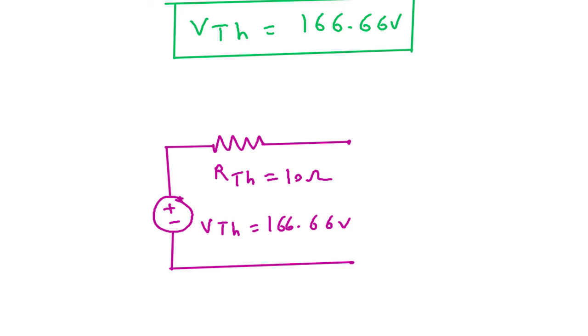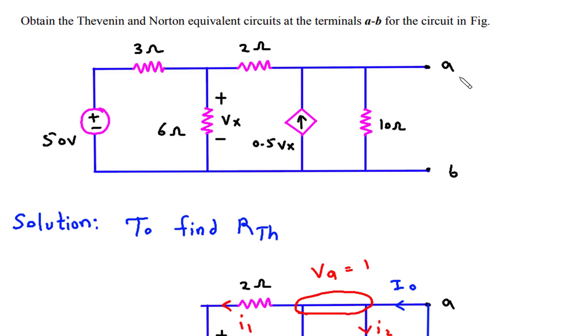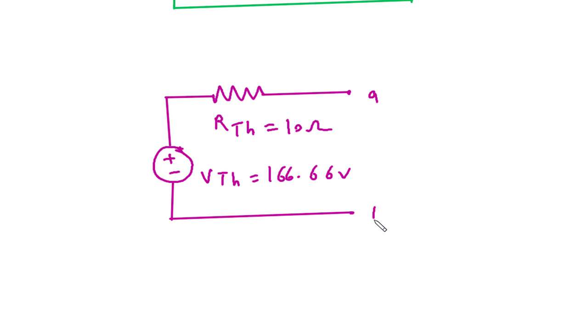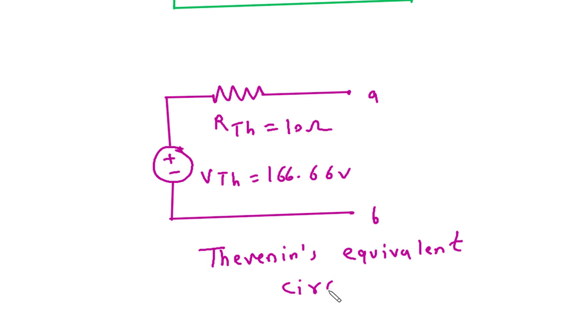This is terminal A and terminal B. This is Thevenin's equivalent circuit.